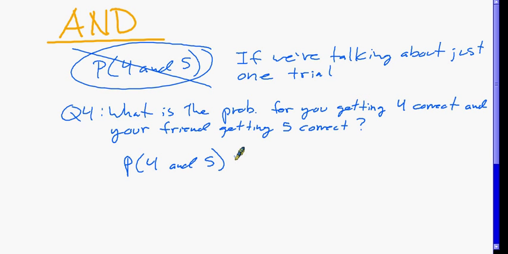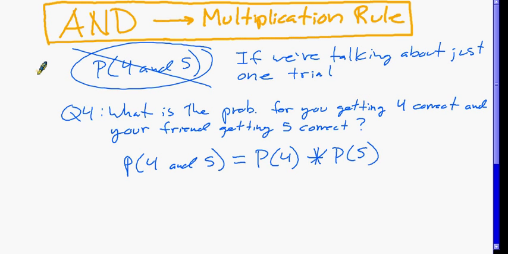What's the probability of getting 4 and 5? Instead of the addition rule, the and is the multiplication rule. And there it is in nice big bold letters.